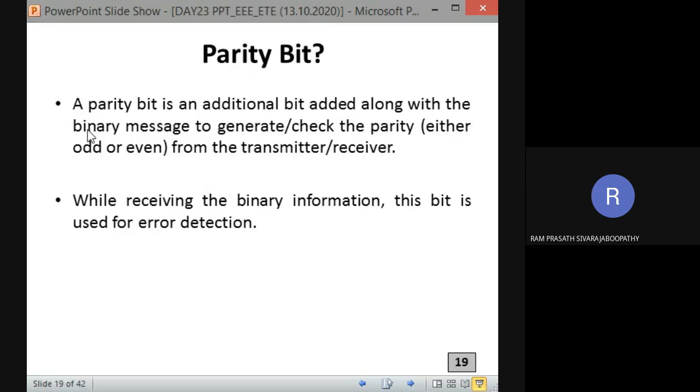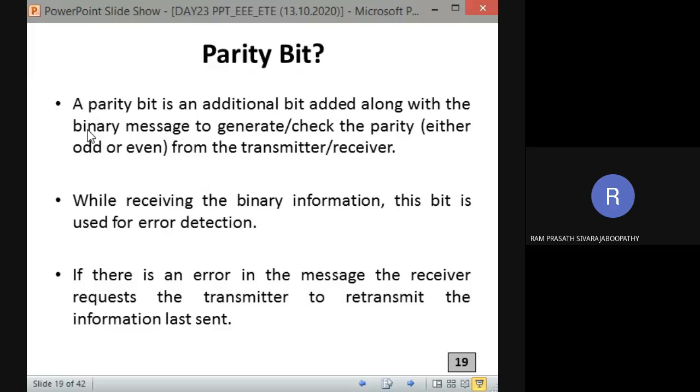This parity bit must also be there along with your message so that we can detect the error. So the main purpose of the parity bit is to detect errors. If there is an error in the message, the receiver requests the transmitter to retransmit the information last sent. If there is a parity error, what should we do? The receiver has to request the transmitter to send the data again.